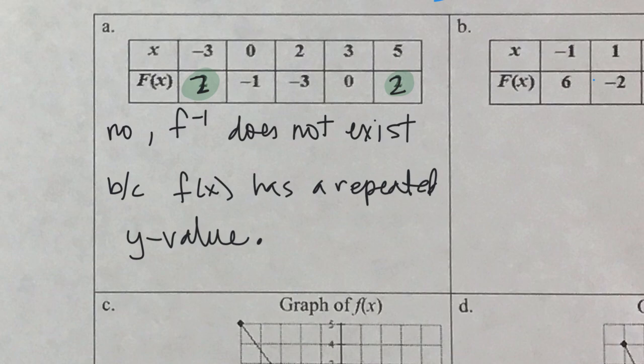And an inverse does not exist if f is not one-to-one. So by the fact that we had some repeated y values, that makes our function, or in this case our discrete relation, not one-to-one. And if our function is not one-to-one, then the inverse does not exist.